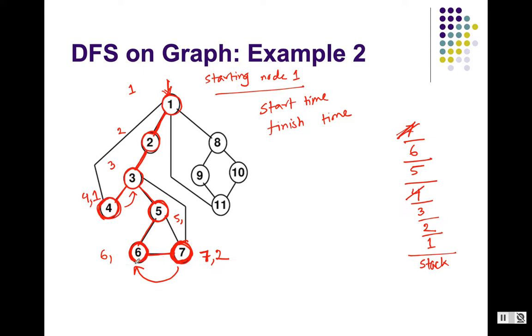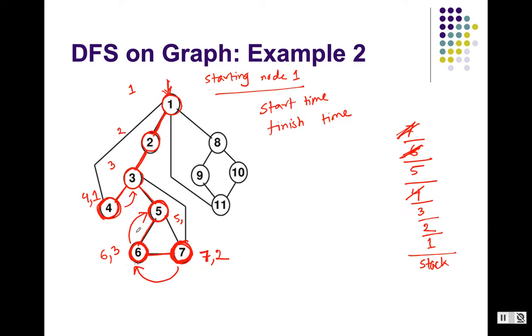For 6 also, we don't have any new node to explore, so we'll backtrack again from node 6 to node 5. We pop node 6 from here, and before that we keep track of its finishing time, which will be 3.